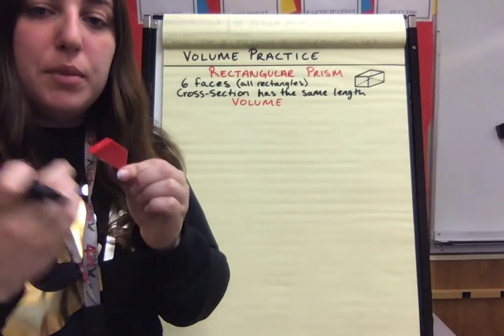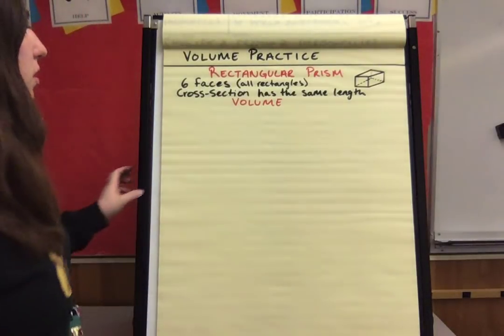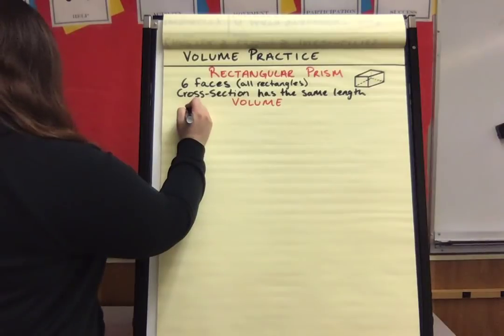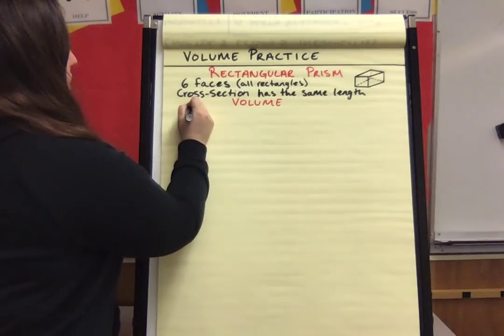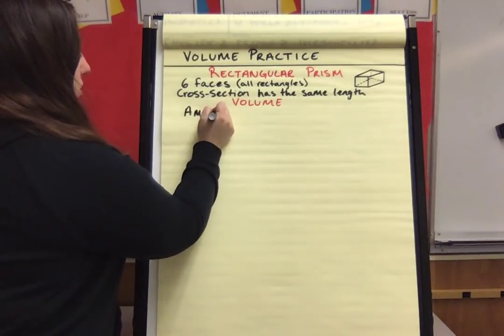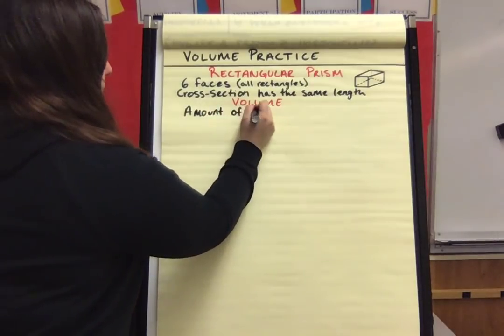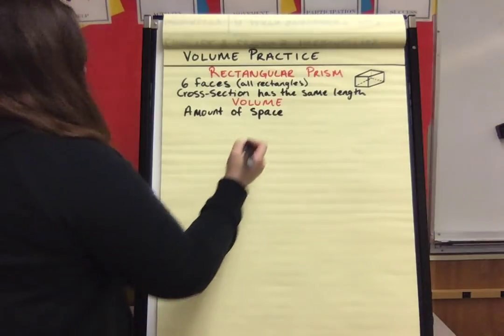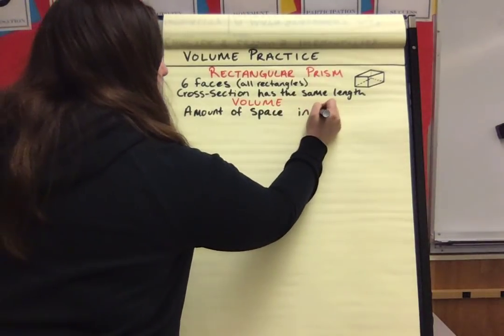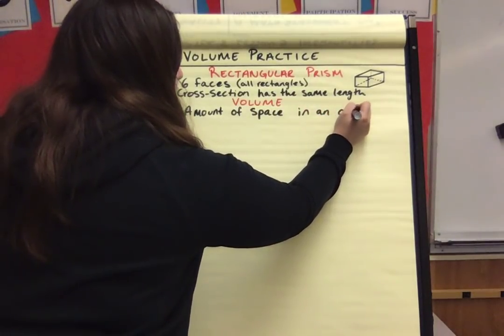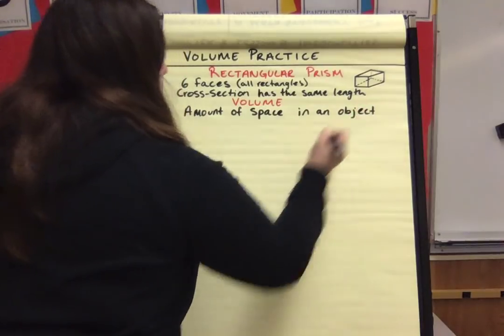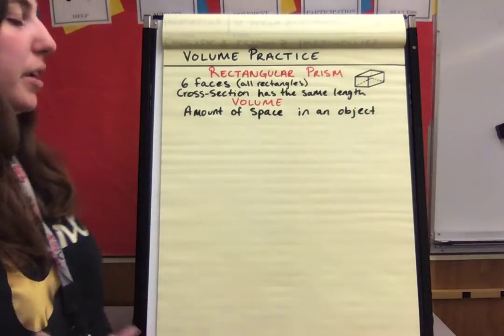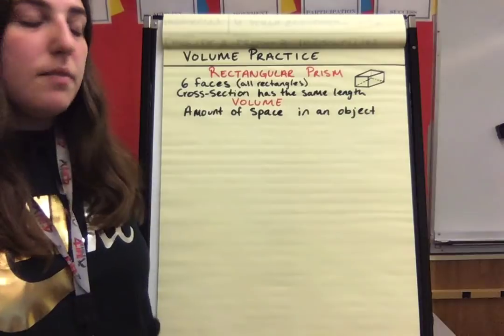So I want to know how much space is in here. So our definition is going to be the amount of space in an object. And you may have already talked about volume in science.